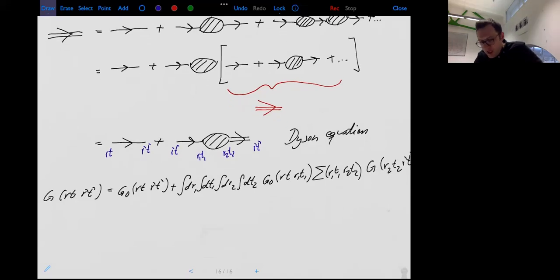Okay, we can simplify this equation a little bit. How can we do that? So what we'll do is the following. We will do a Fourier transform. And we will express these Green's functions and self-energies in a basis of Kohn-Sham orbitals.